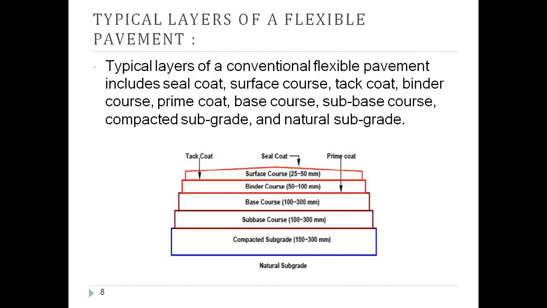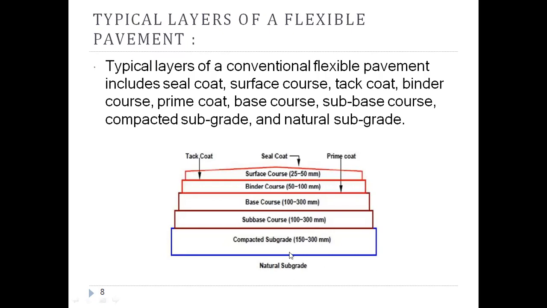The typical layers of a conventional flexible pavement include seal coat, surface course, tack coat, binder course, prime coat and base course, sub-base course, compacted subgrade, and natural subgrade.